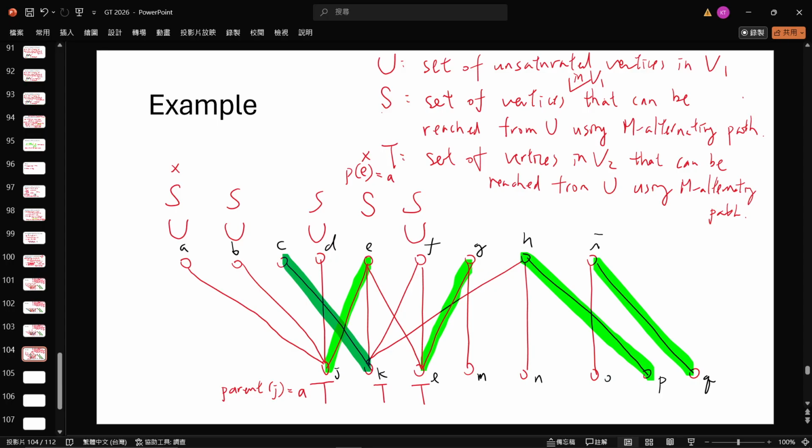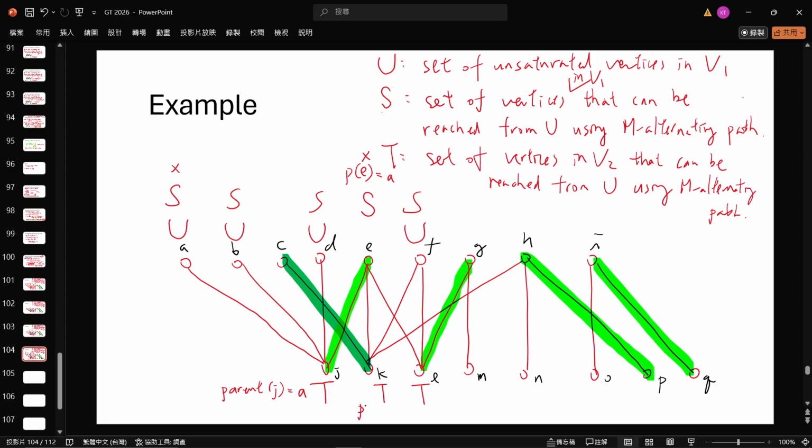And by the way, when we reach some vertices in V2, we want to check whether they are saturated or not. In this case, both of them are saturated, which means the algorithm cannot finish now. We have to further extend the alternating path.